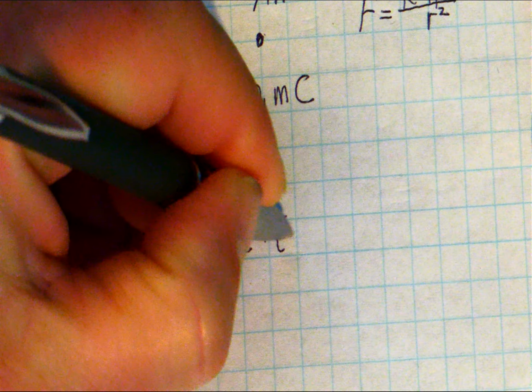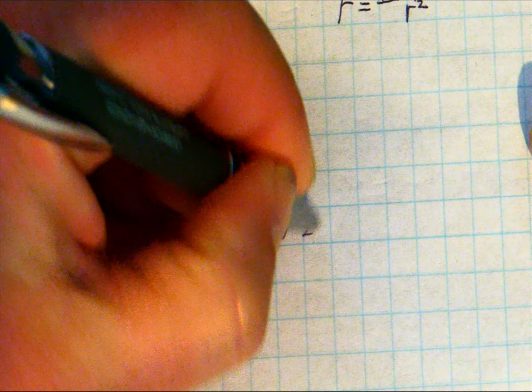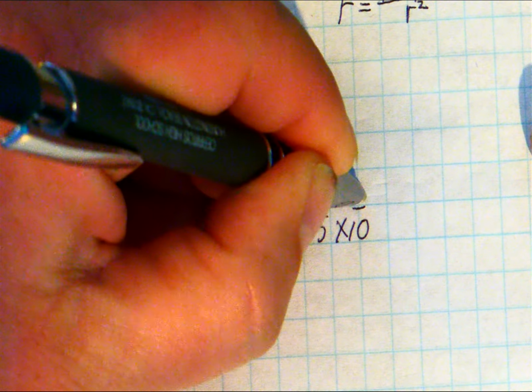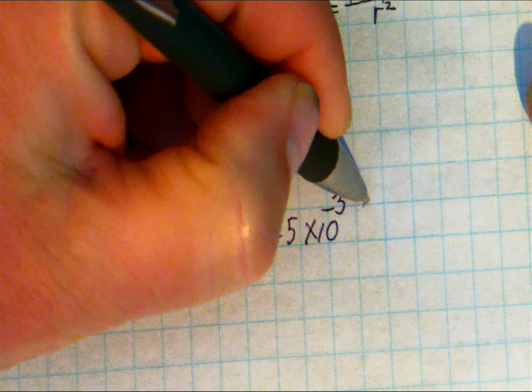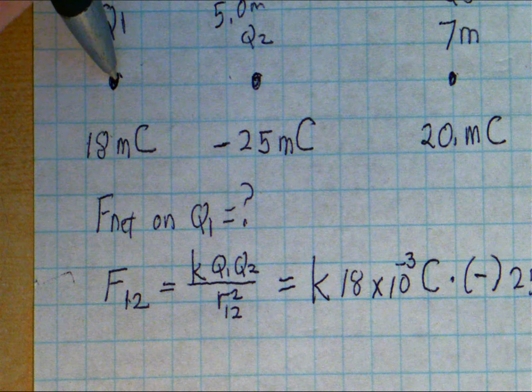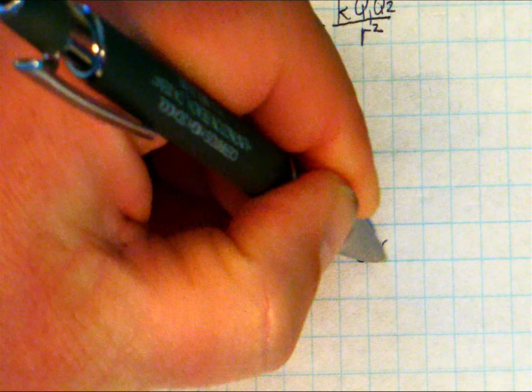If not, then you need to put in the exchange key. 25 times 10 to the negative 3. That's the entire numerator. Divide by the distance from Q1 to Q2, which is 5 meters. So 5 squared. Enter.